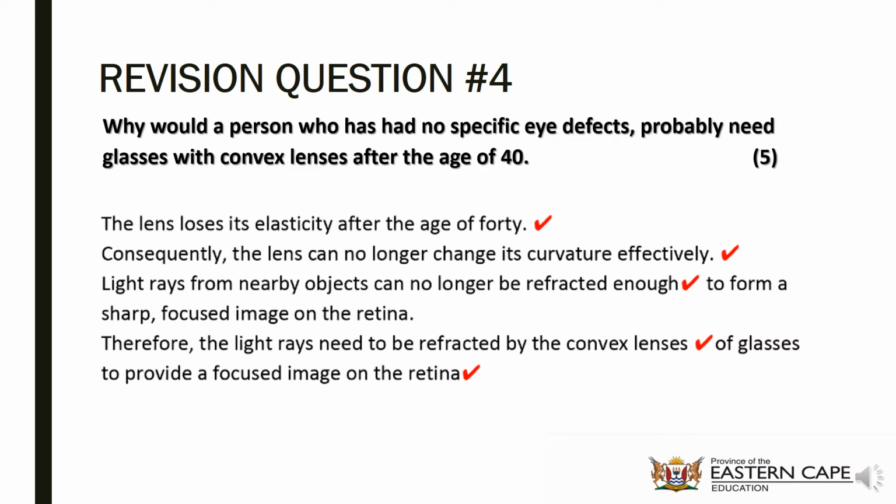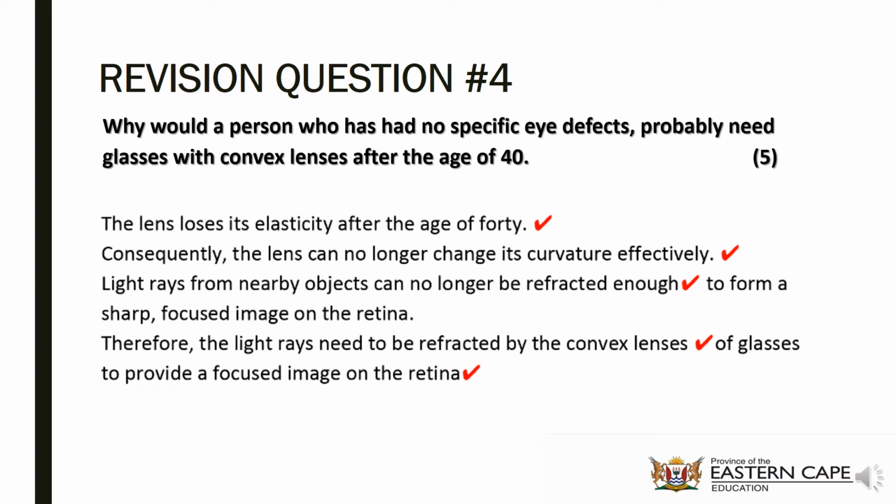What happens? It can't change, it can't effectively carry out its curvature, and therefore the light rays from nearby objects can no longer be refracted enough to form a clear image on the retina.